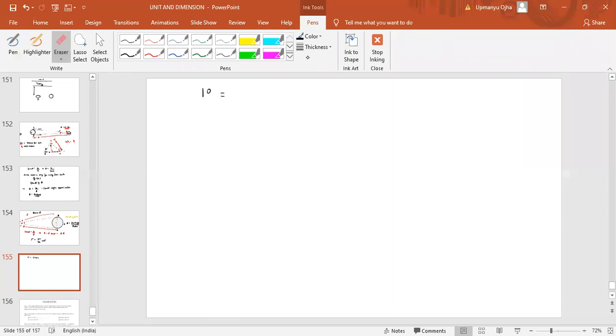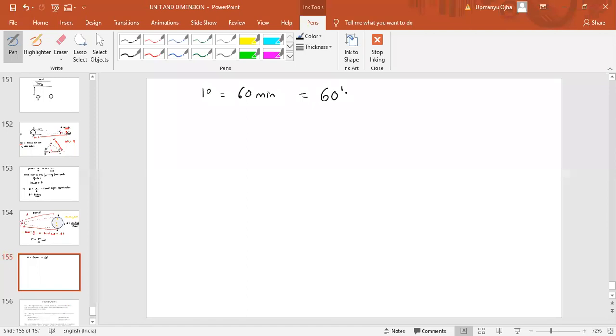1 degree equal to 60 minutes. How do we represent minutes? We represent 1 minute as one dash.